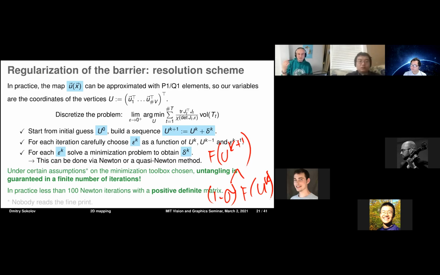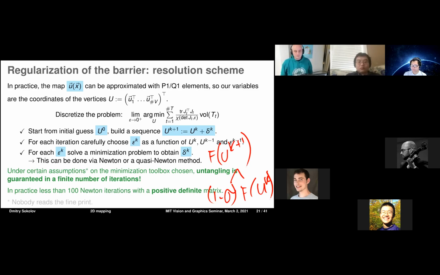If we have a minimization toolbox that guarantees that we actually minimize a function, this suffices for the method to converge.